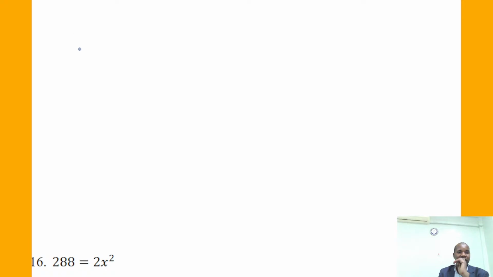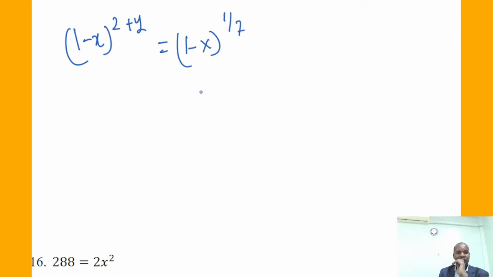So you have (1-x)^(2+y) equals (1-x)^(1/7). Still we see that the bases are the same, so I'll be comparing exponents. I'll be taking 2 plus y equals 1/7.